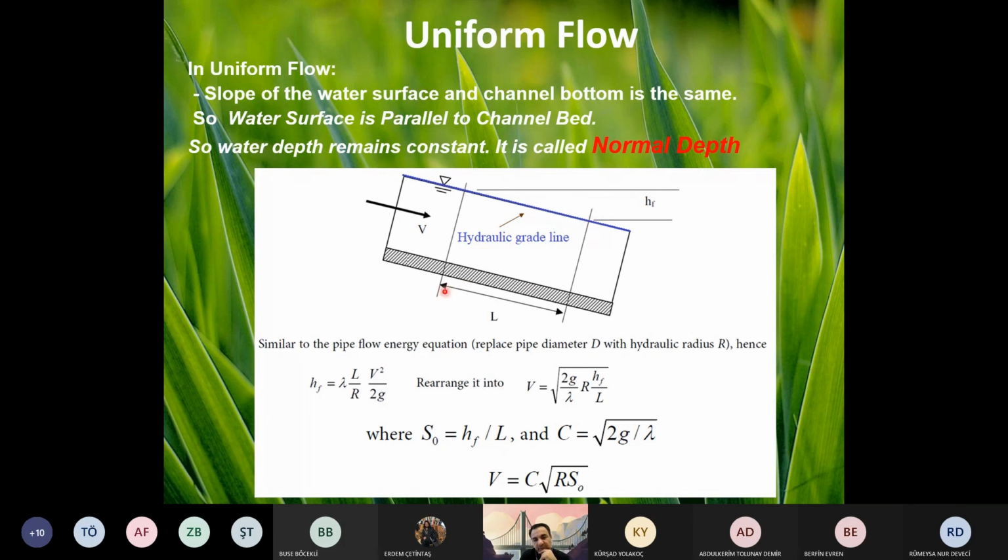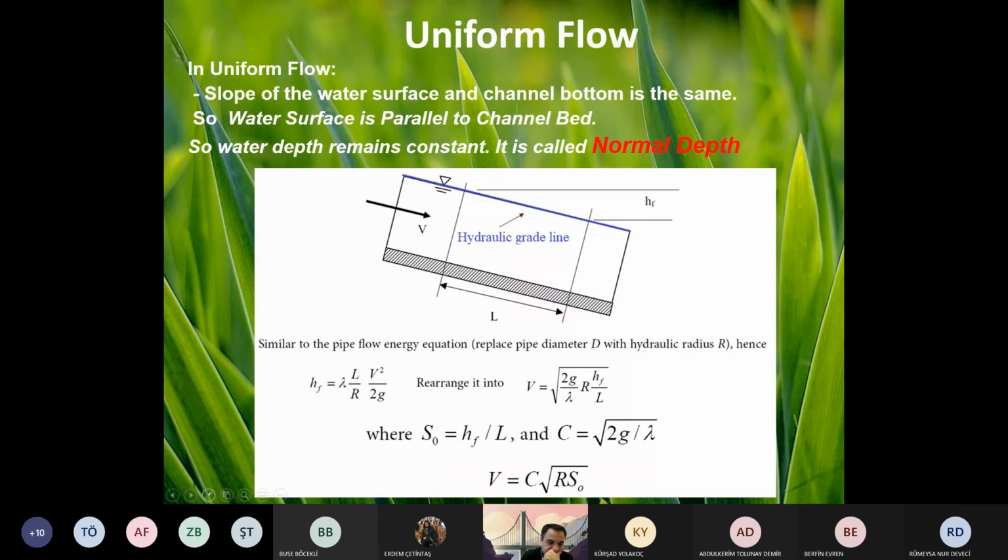If you divide hf over L, what does it mean? It means the slope of the hydraulic grade line, yes? Because tangent theta, if this is my theta.